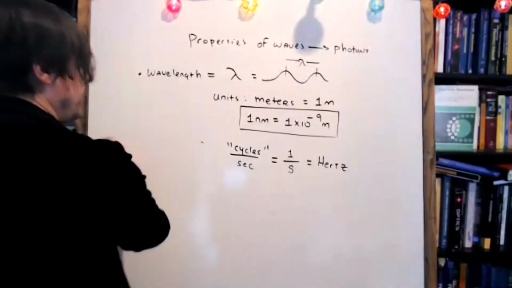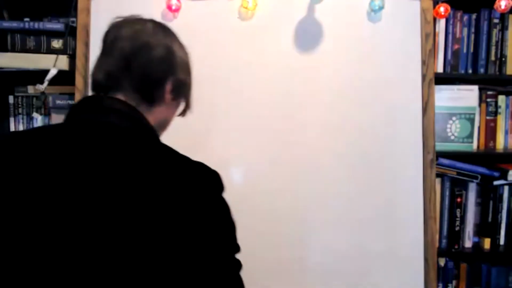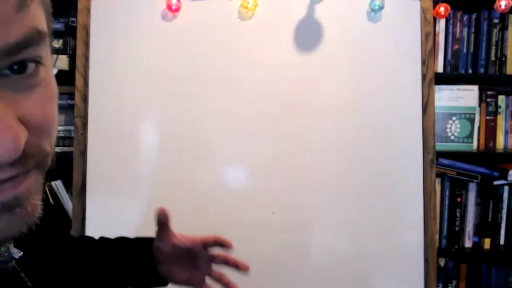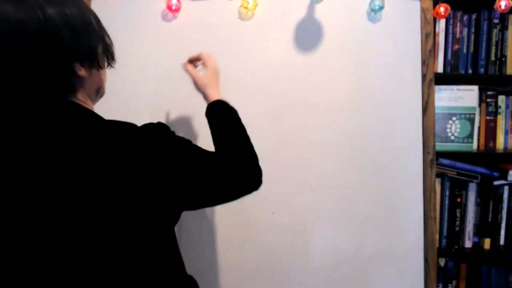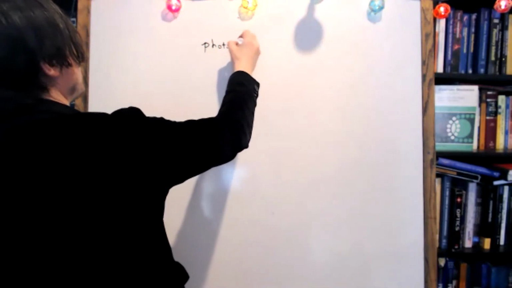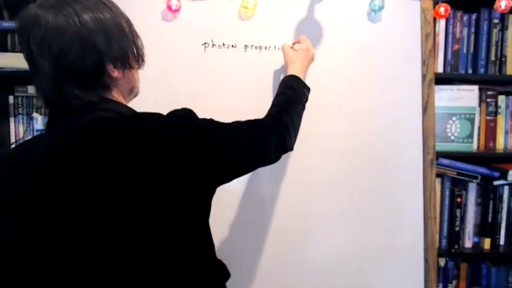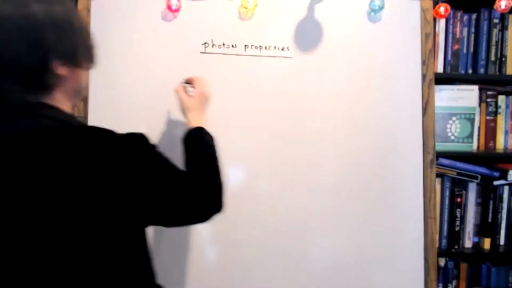Let's write down those 3 formulas because you're going to need them for class today. These formulas don't really have names. They're just formulas associated with photons of light. So I give them these numbers.